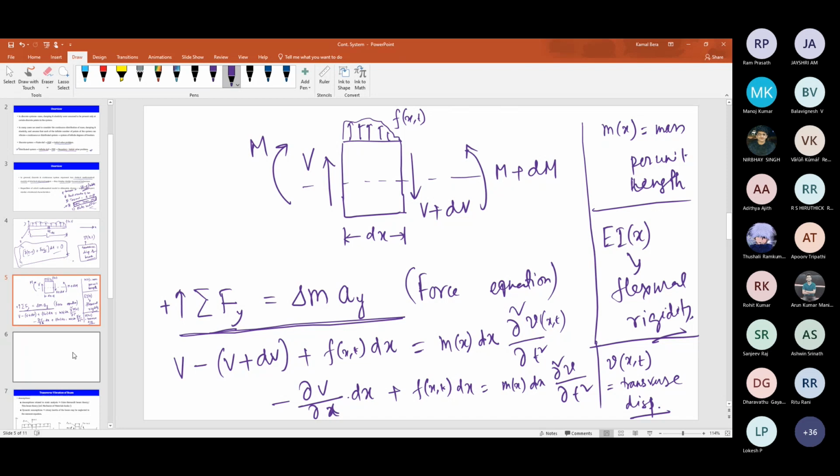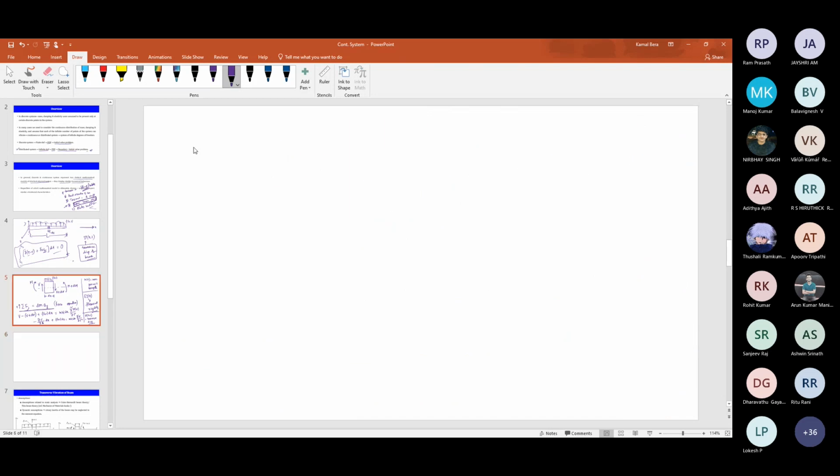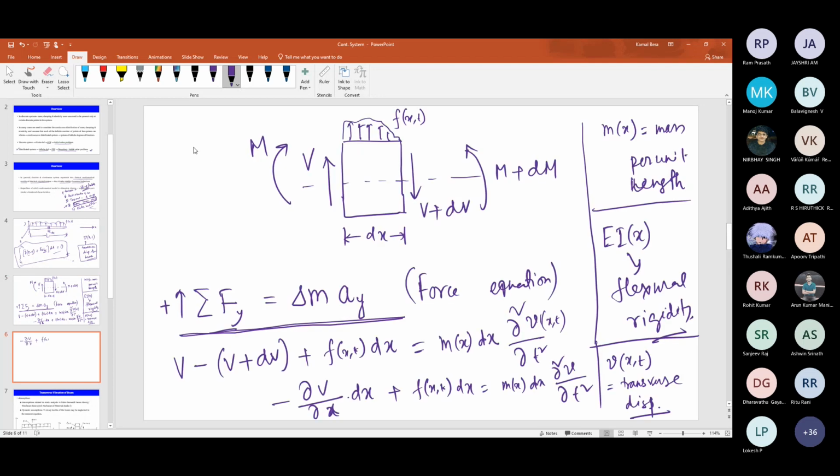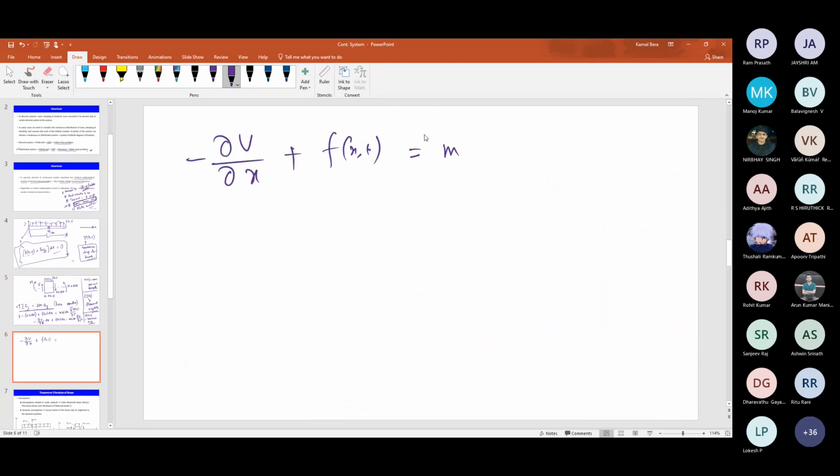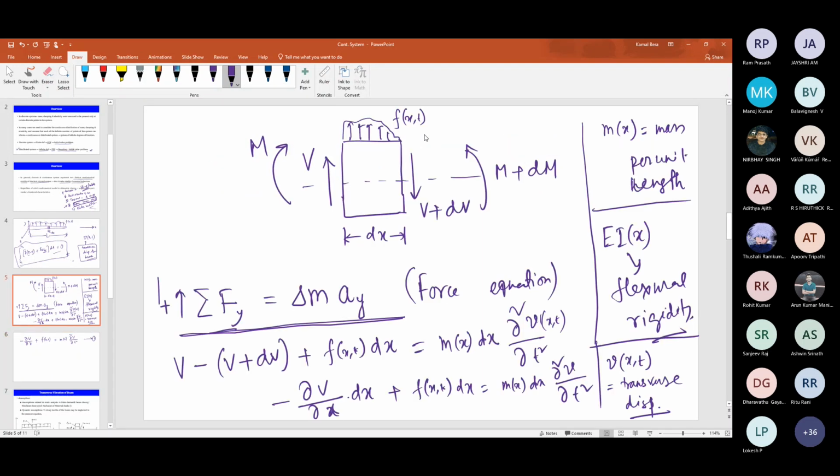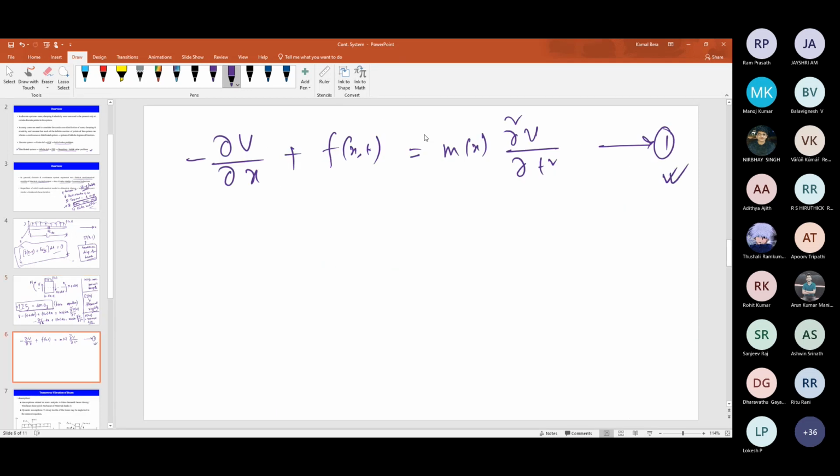Eliminating dx on both sides, I'll get minus del V by del x plus f(x,t) equals m(x) del 2 v by del t squared. Keep this as equation number 1. We have not formulated the equation of motion yet. So this is the first equation we got from the force. Agree with this equation? Any issue?